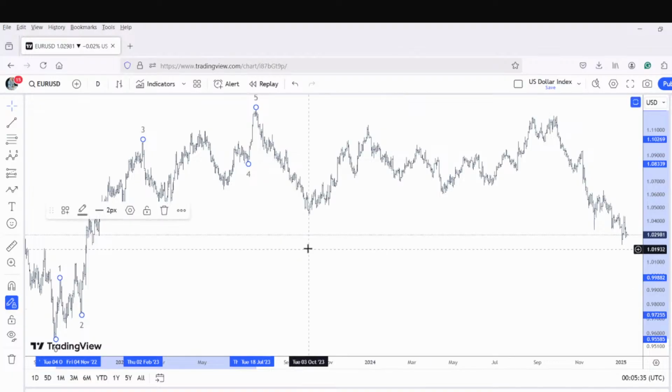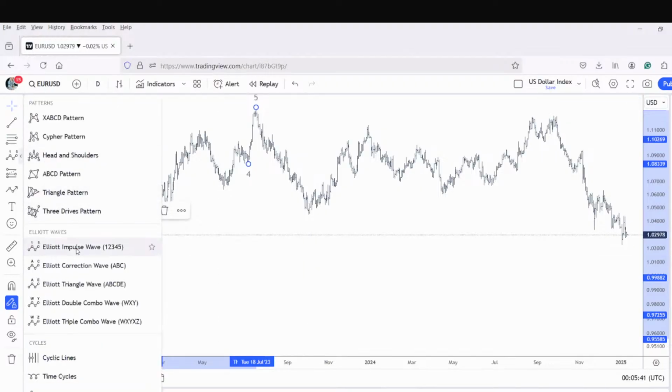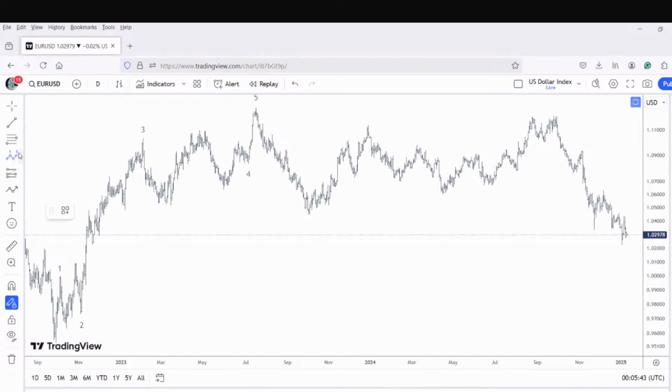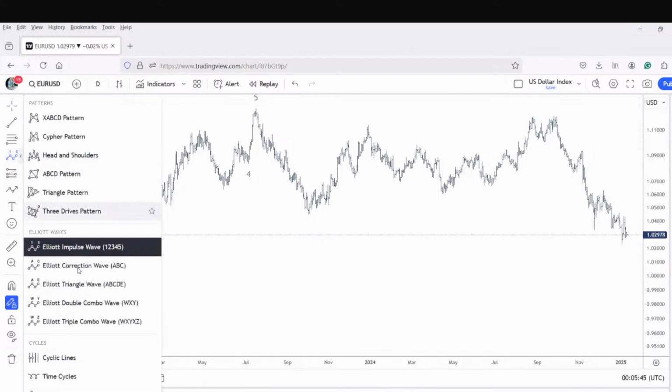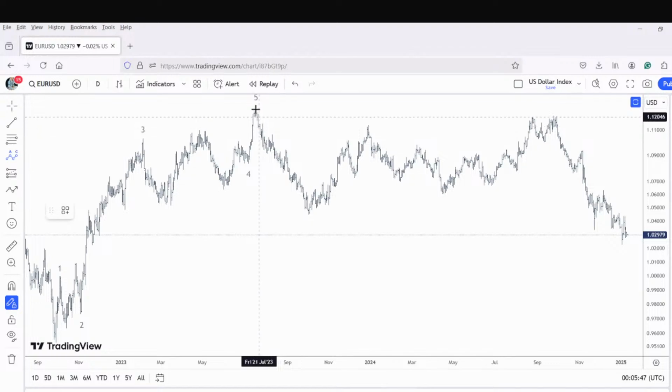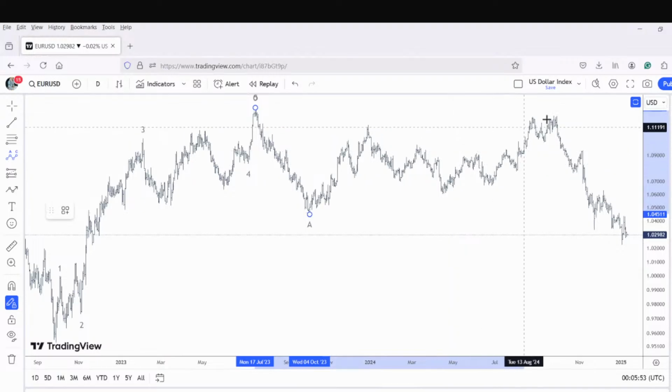impulse was in place. Normally the correction would not take so much longer, but in this case it has taken a couple of years, actually even more than that, to complete this complex corrective structure.